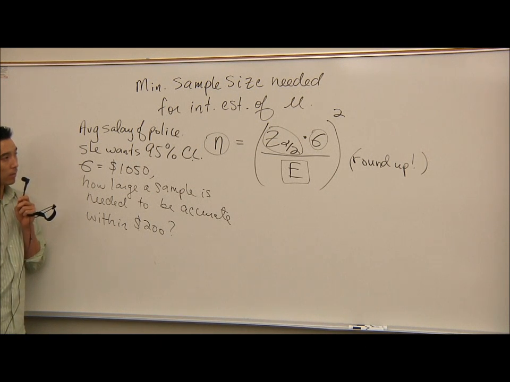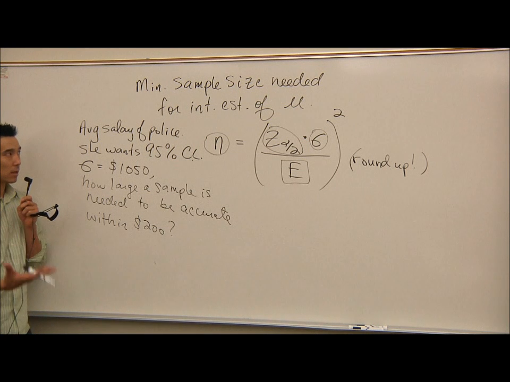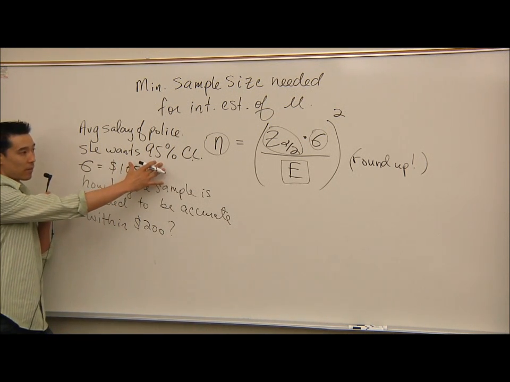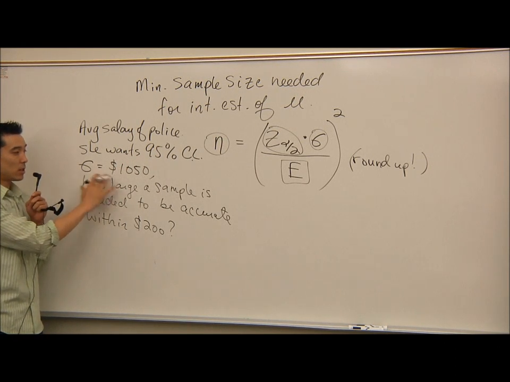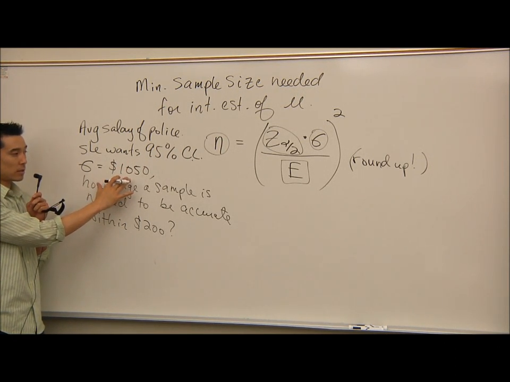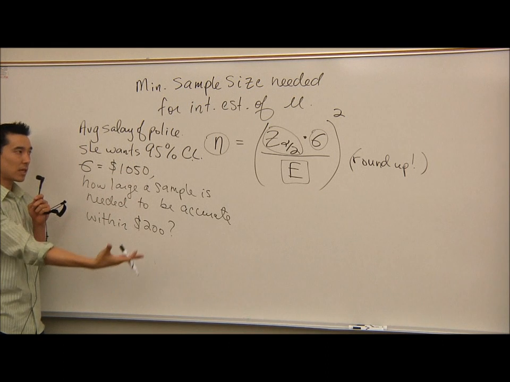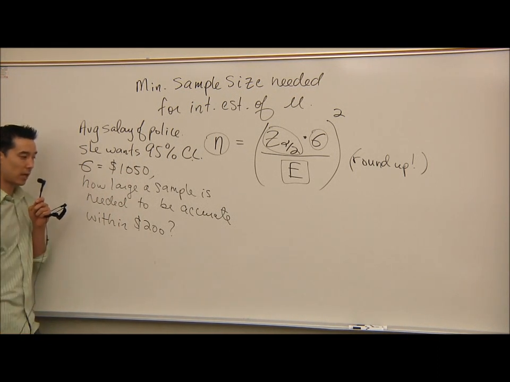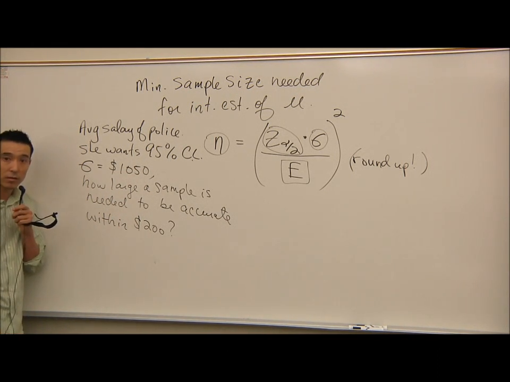Okay, so I'm going to do this study about the average salary of police. She wants a 95% confidence level. She knows that the population standard deviation is 1,050. How large a sample must she take when she wants an accuracy or error within $200? All right, great. So I have all the things I need, and now we just plug in the formula.